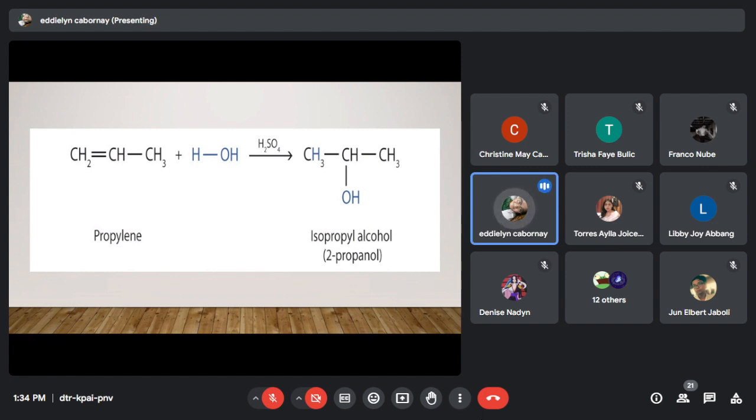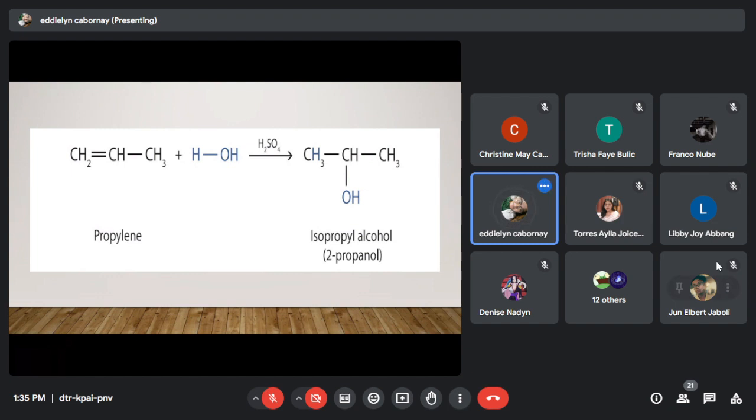So the H-OH is the water, added across the carbon-to-carbon double bond of propylene, followed by separation and purification steps to obtain the desired product. Okay, so that's why there's water there, because isopropyl alcohol is prepared through hydration.